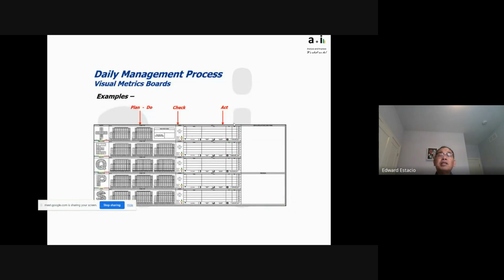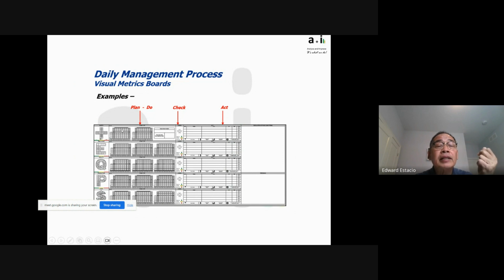In our daily management on the production floor, we have boards, and what we do is we set targets for the year, for example, or for the day. How much do we want to achieve for the day? In this case, the cross is for safety, E is for employee, then quality, production, and financials.